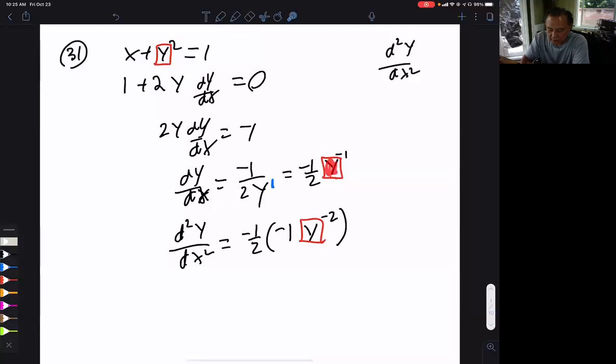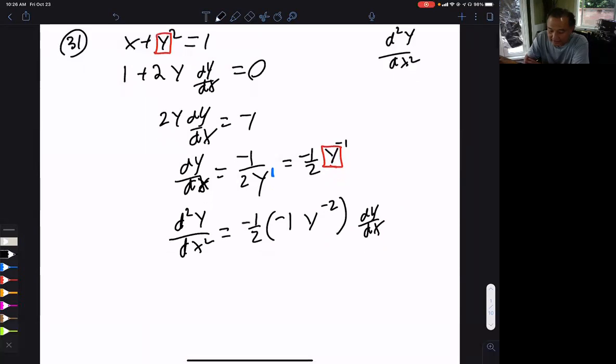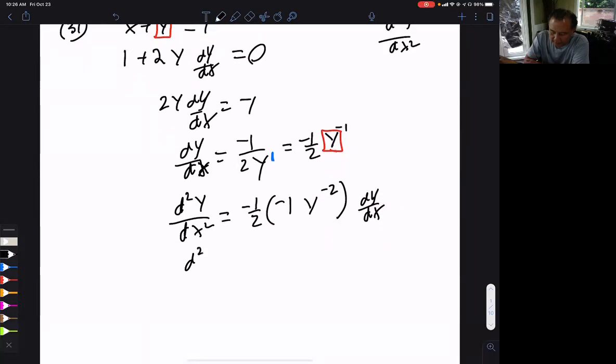It's a function, so you have to multiply by the derivative of box at the end, but the derivative of y is dy/dx. Chain rule. Let me erase all these boxes so it's a little prettier. And we're pretty much done, except we have a problem.